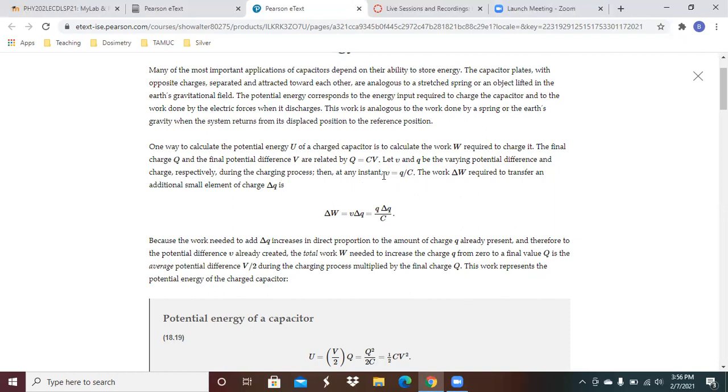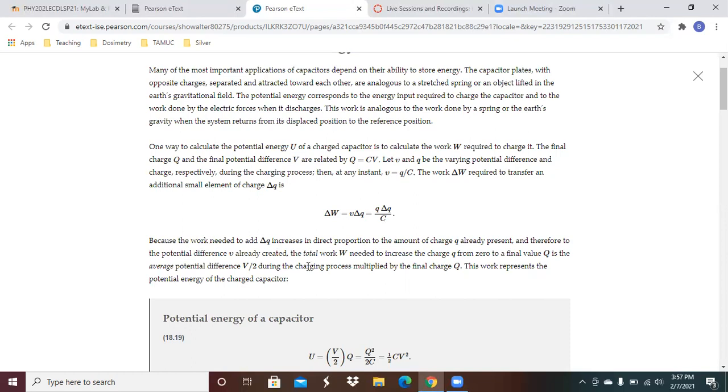At any instant, the voltage is going to be equal to the charge divided by the capacitance. The change in work required to transfer an additional small element of charge is going to be given by this. In other words, the change in work is going to be the voltage times the change in the charge. That voltage, again, is going to be Q divided by the capacitance.